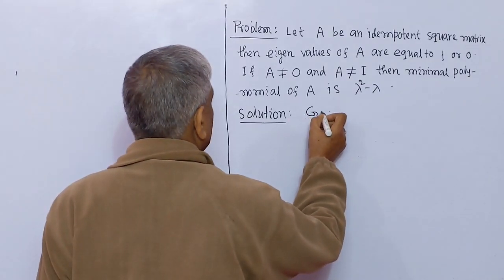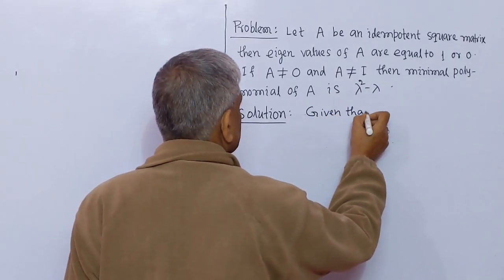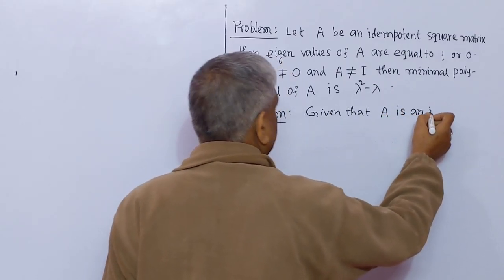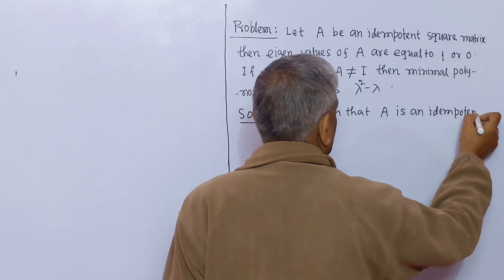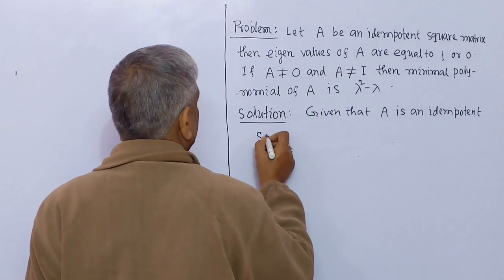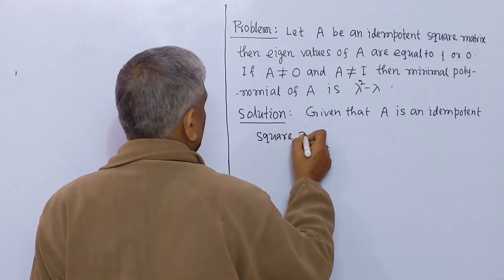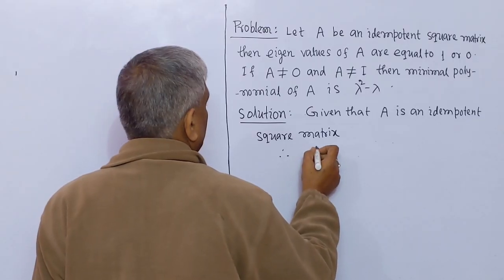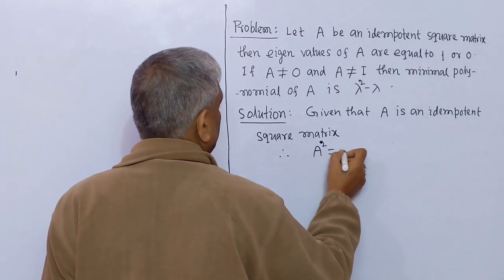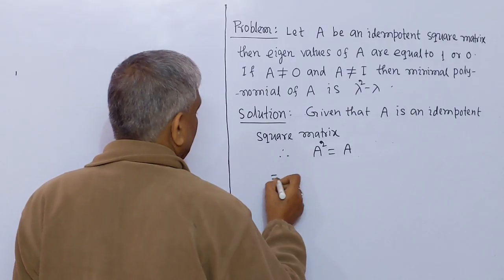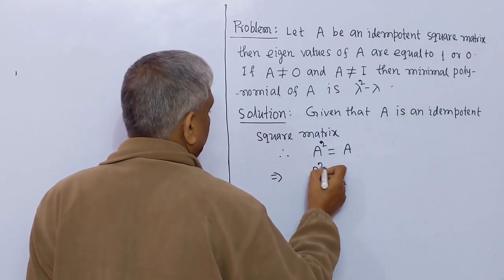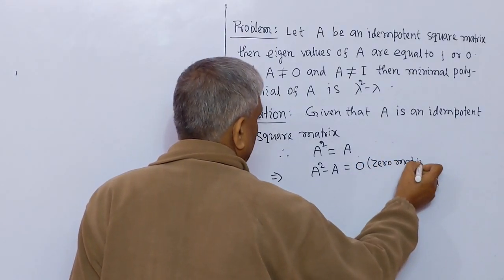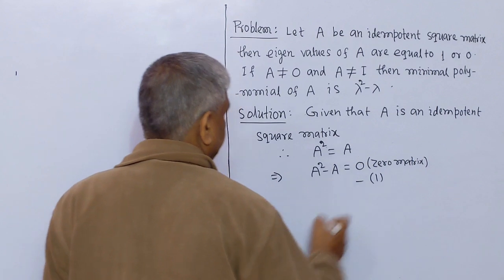Given that A is an idempotent square matrix, therefore A square equal to A, which implies that A square minus A equal to 0 matrix. Let this be number 1.